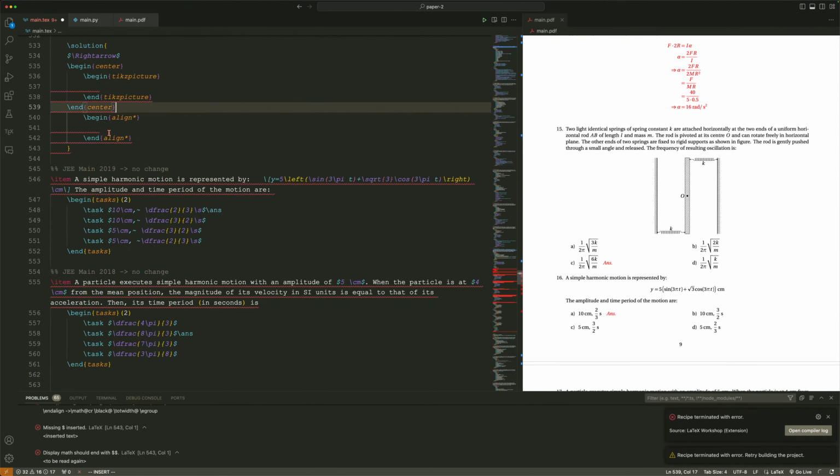So yeah, let's copy this code and just paste. So let's run it first, see what is happening here. There is nothing special, as you can see. We just render the same code.